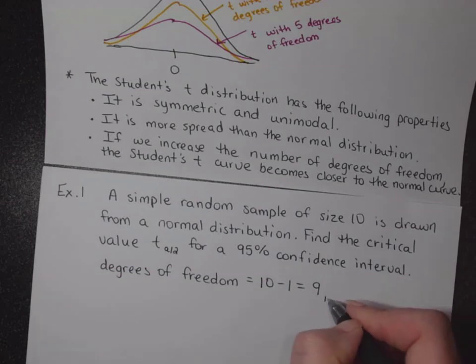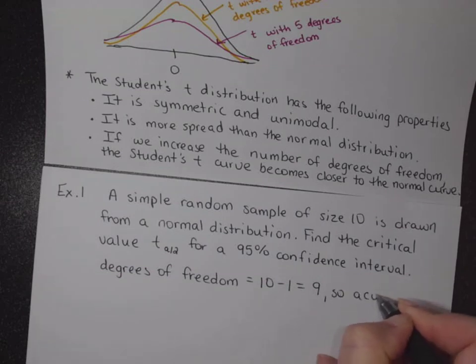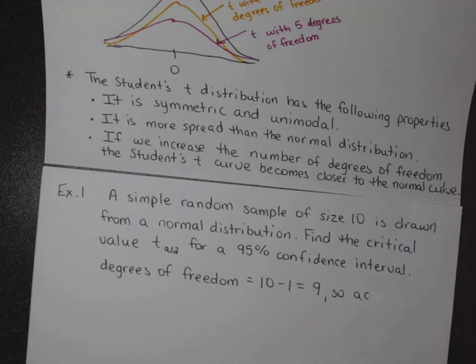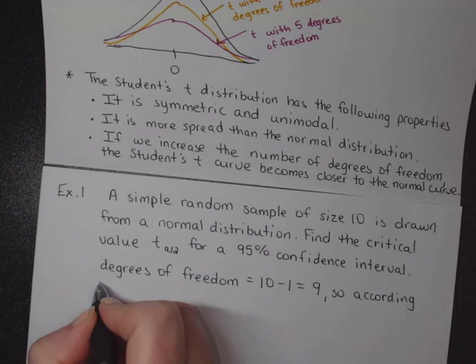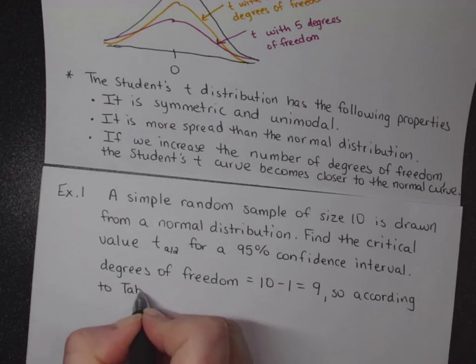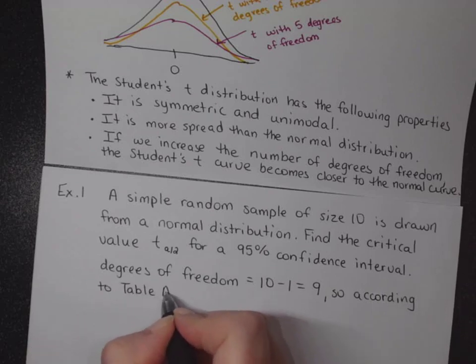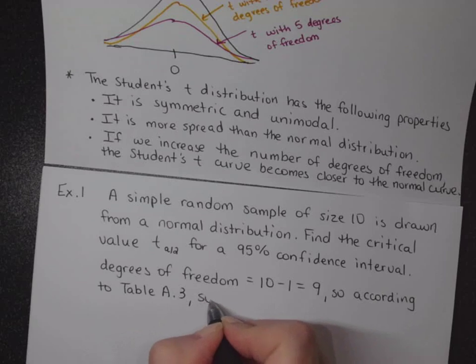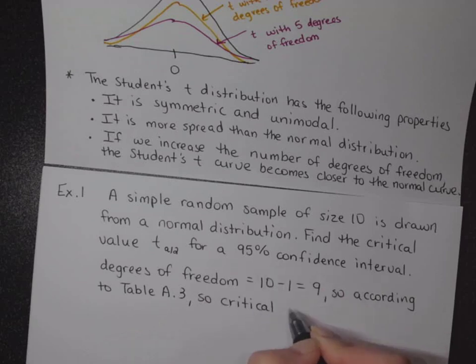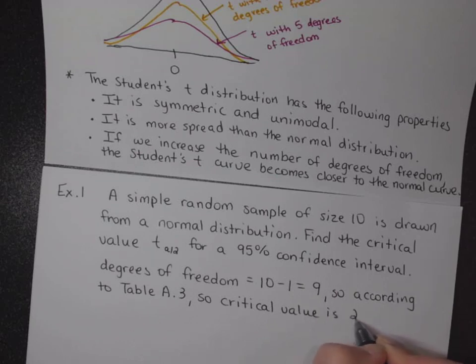Okay, so according to table A.3, the critical value is 2.262.